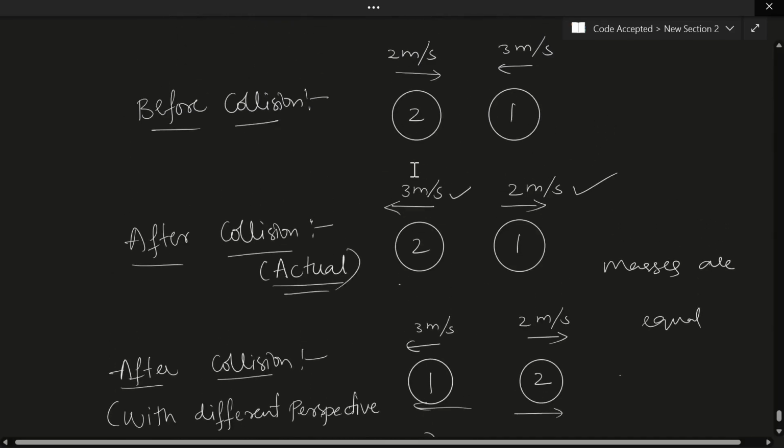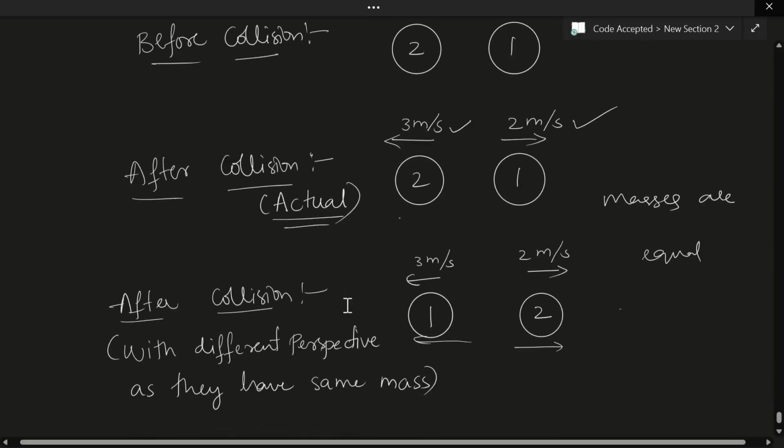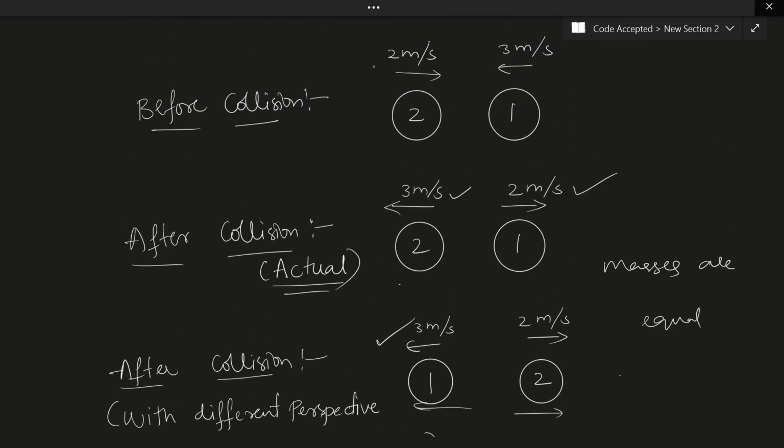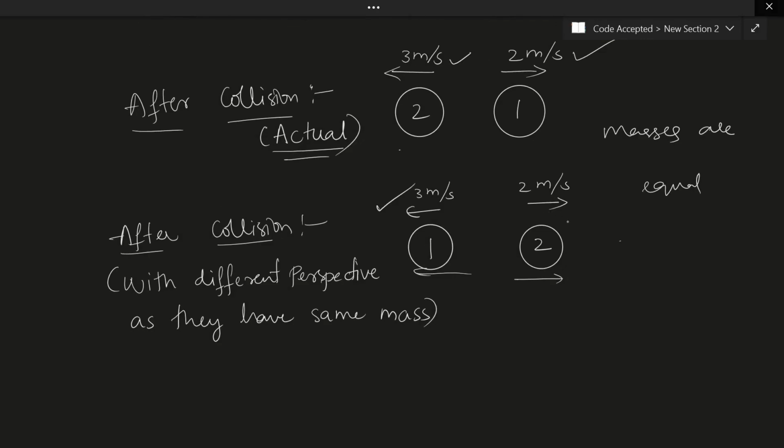If you see carefully, ball 1 was initially traveling towards the left with a velocity of 3 meters per second, and after collision it is still traveling towards the left with 3 meters per second. Ball 2 was traveling towards the right with 2 meters per second, and is still traveling towards the right with 2 meters per second. This is the key to solve this problem.